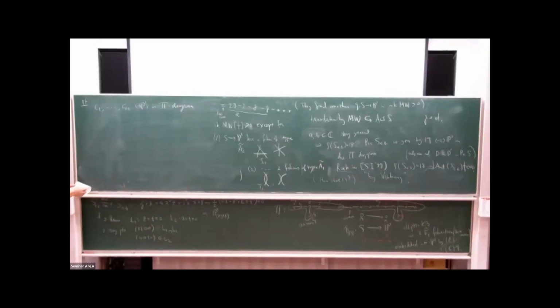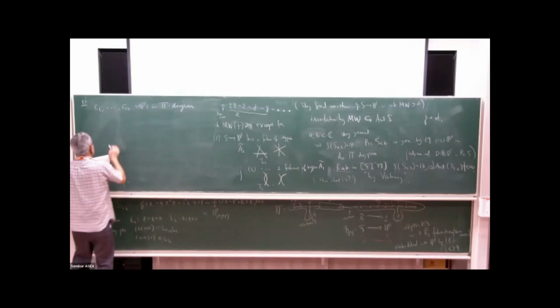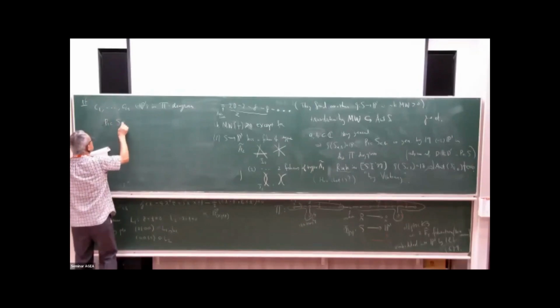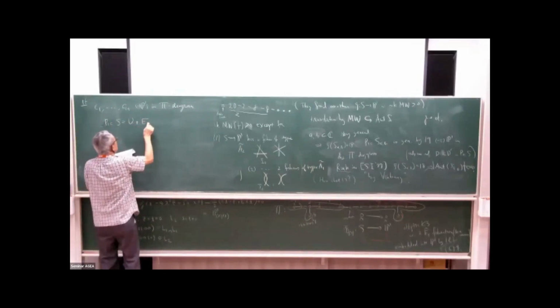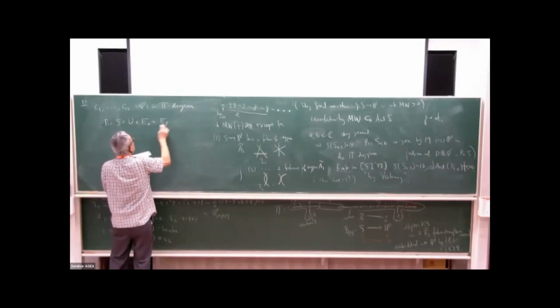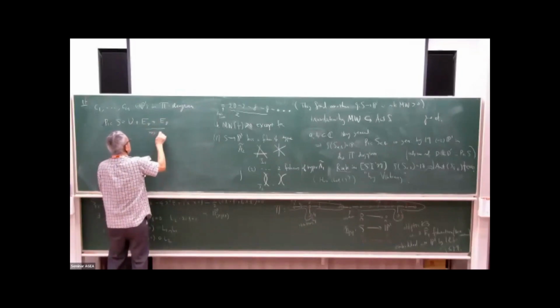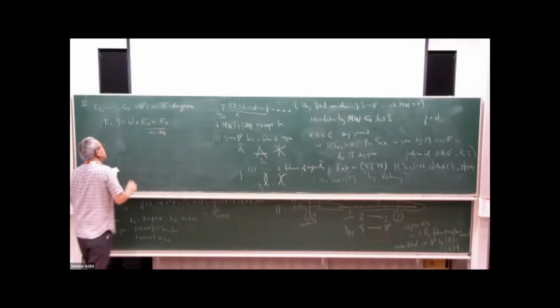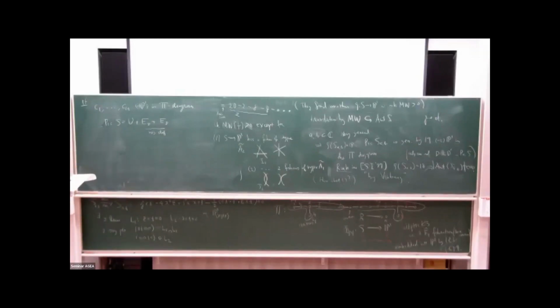And you just observe the following arithmetic. So Pic S is U plus E8 plus E8. So this is the negative definite part. My notation is that the root lattice is almost always negative definite, the opposite sign I use.